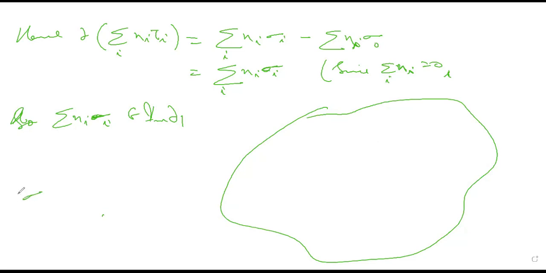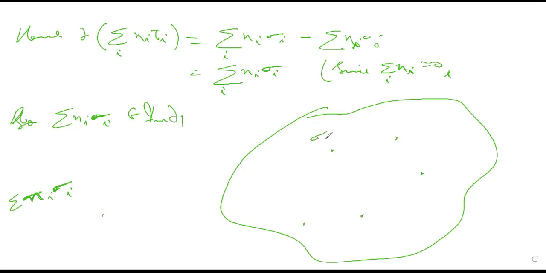And we have this summation n I sigma I. Then these sigma I are singular zero simplices. So their images will be somewhere here, here, like this, right?